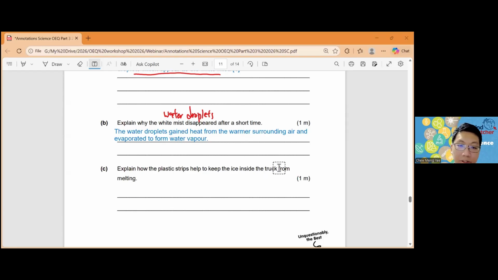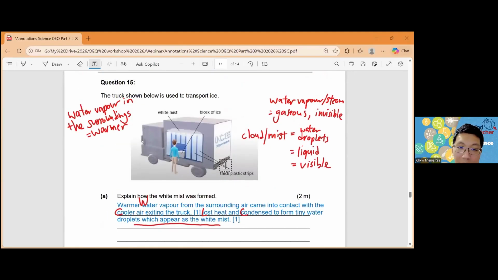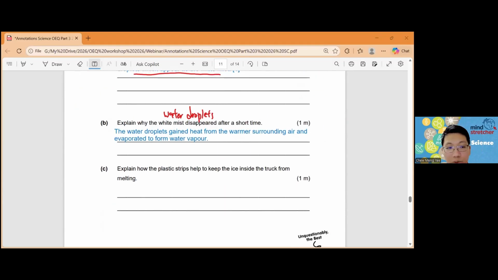Okay. Now next, explain how the plastic strips help to keep the ice inside the truck from melting. Right? So if I go back to the diagram here, we have all these plastic strips. They are there to slow down the heat transfer, right? Because there is ice inside the truck, and we want to make sure the ice doesn't melt.